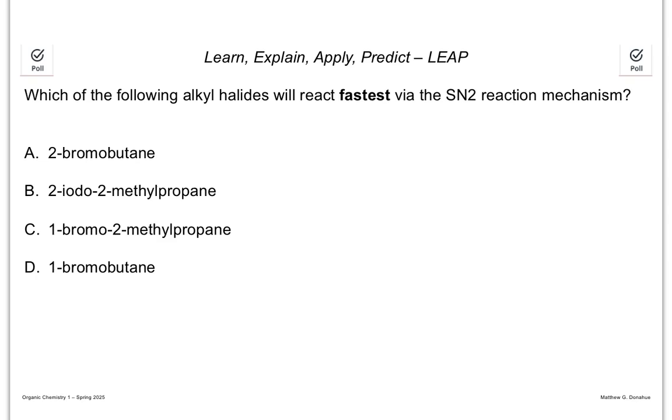So which of the following alkyl halides will react fastest via SN2 mechanism? So you have these names. The best thing to do would be convert them into structures and then classify them. So 2-bromopropane, we would say that's a secondary. 2-iodo-2-methylpropane, say that's tertiary. 1-bromo-2-methylpropane, that's primary.